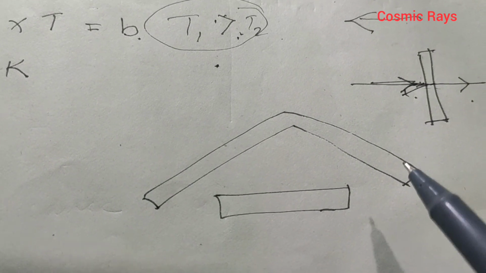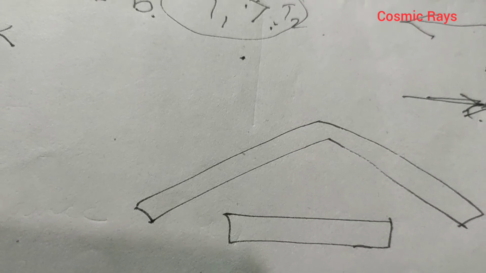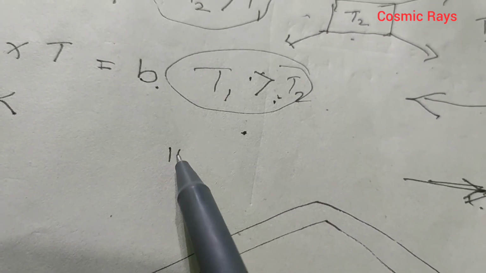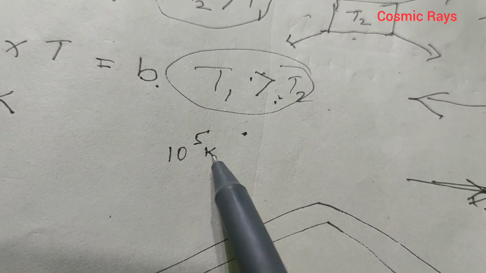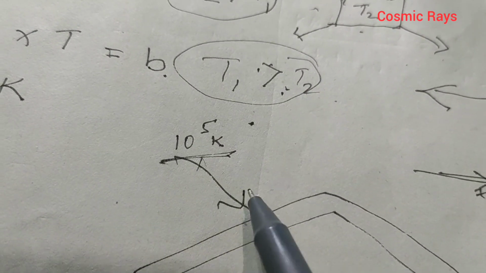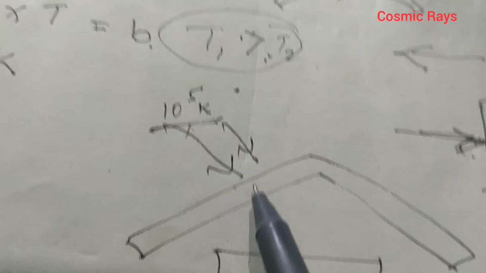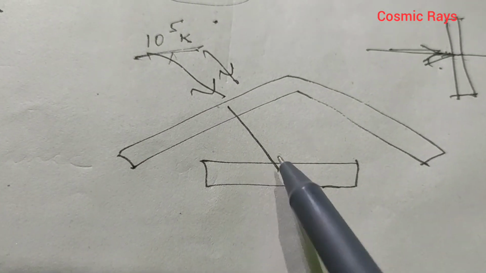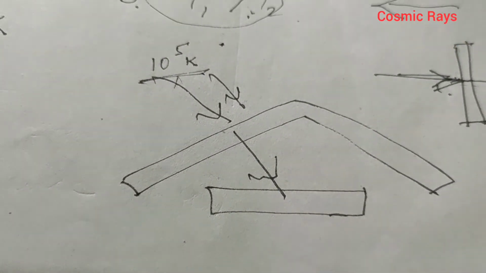The sun has a very high energy, of the order of 10 raised to the power 5 Kelvin. So the energy coming from the sun is able to penetrate this glass and reach this surface.